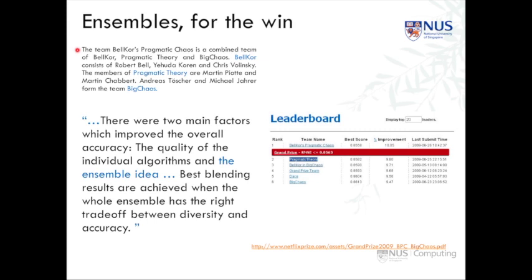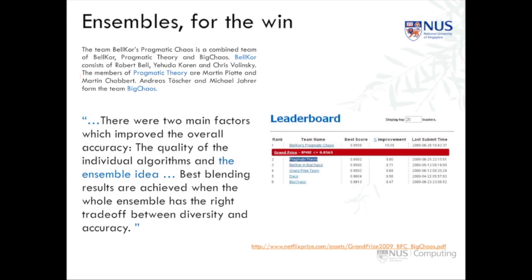The team that won the competition, BellKor's Pragmatic Chaos, is a combined team of 3 different component teams. BellKor consisted of Robert Bell, Yehuda Koren and Chris Volinsky. Chris Volinsky is one of the people who documented the progress of the Netflix challenge. The members of Pragmatic Theory and Big Chaos together also formed a part of the team.